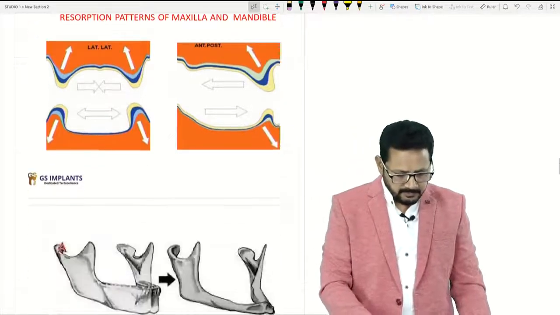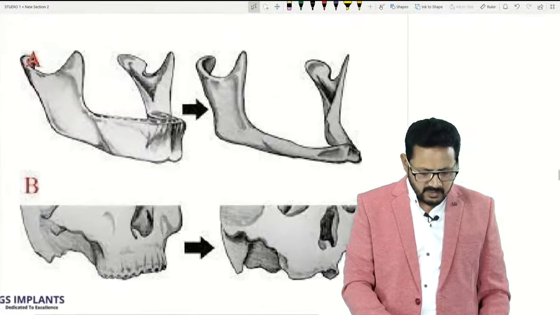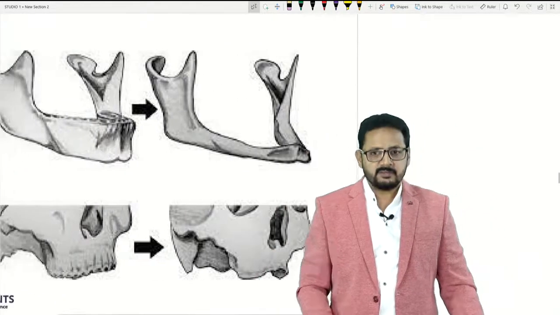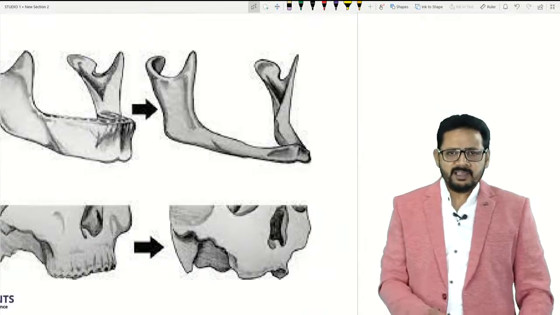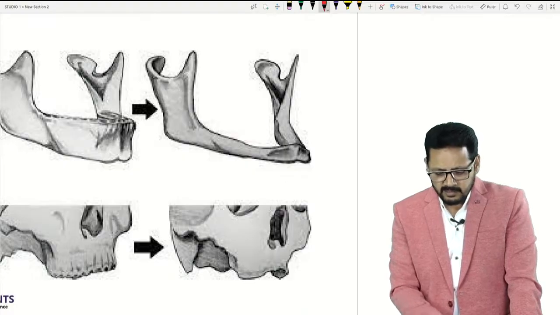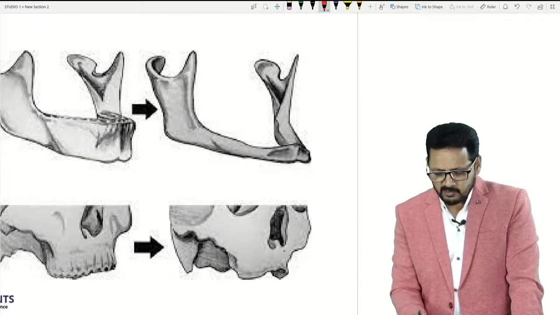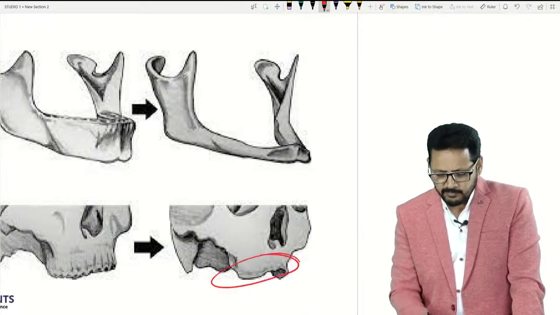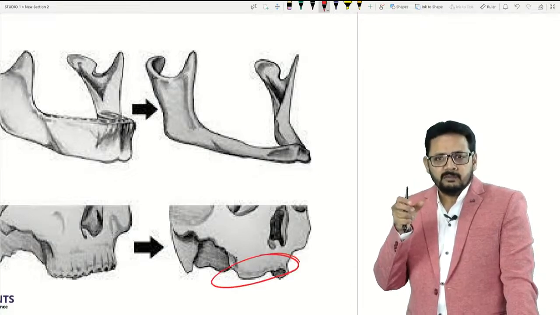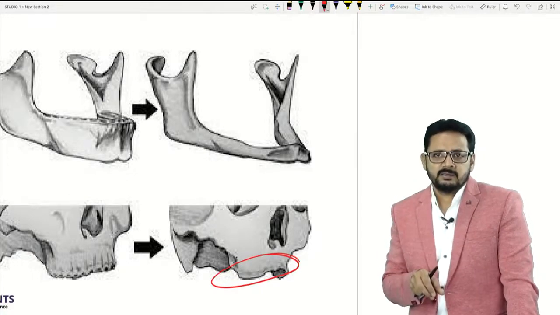Clear? Now, this is how it looks. If you see in this image, this is how it actually looks, in a forward and a downward direction. And now if you see the maxilla, how small it has become. Right? It's like a shrunken, like a pedo maxilla. But this actually happens.